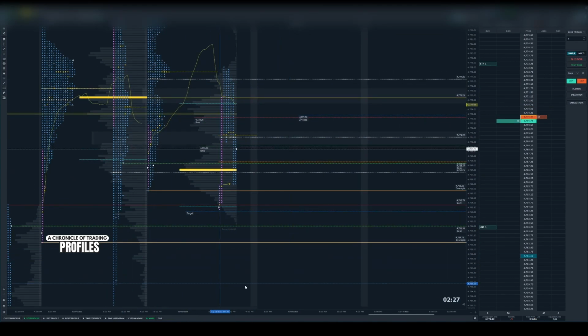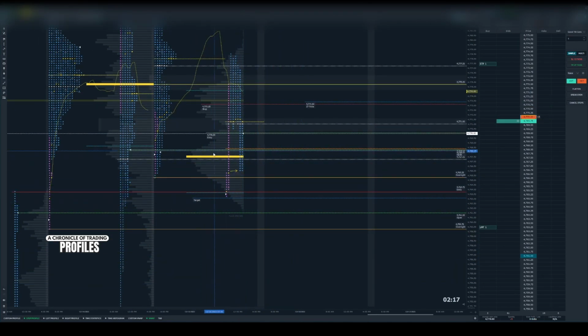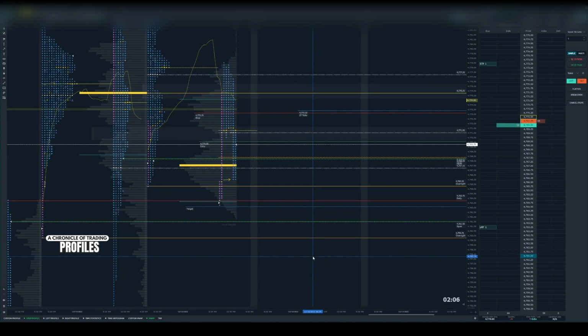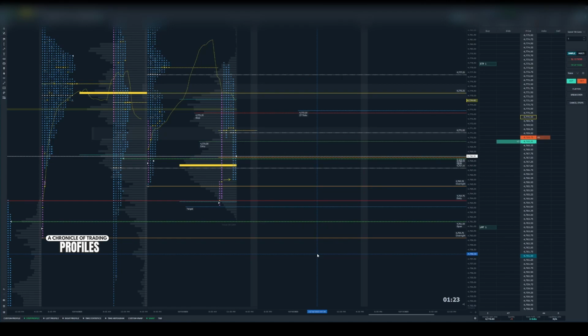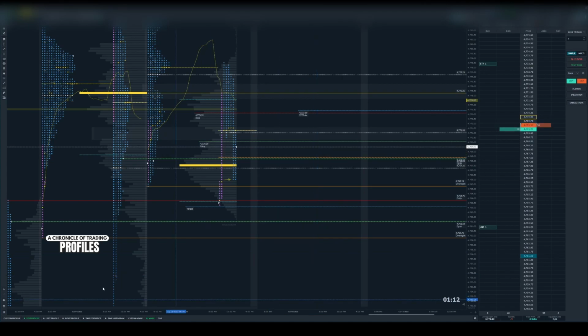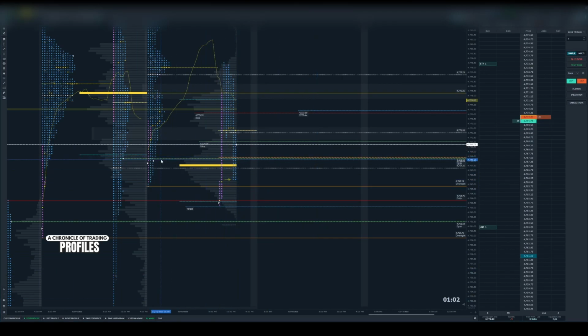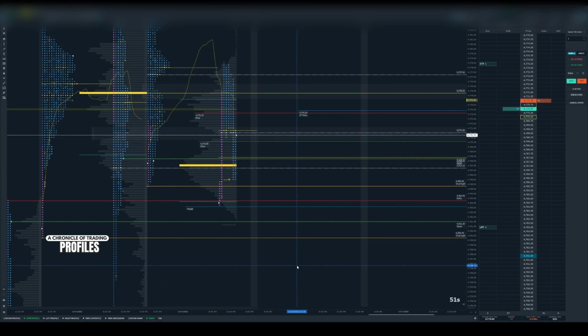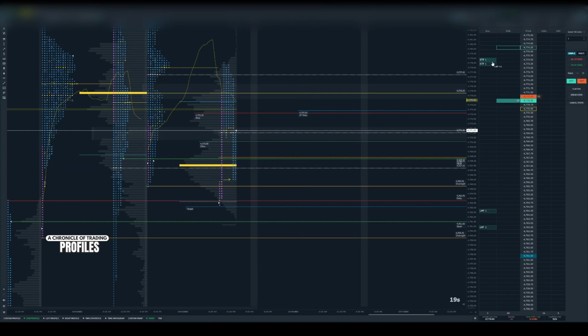At a point here, I add another contract. I feel like it's doing exactly what I wanted it to do. So it's starting to push up into that upper node.